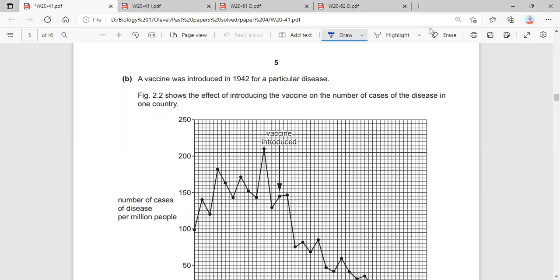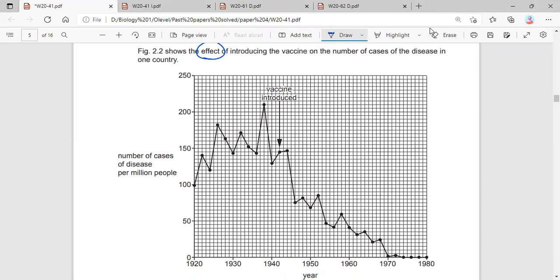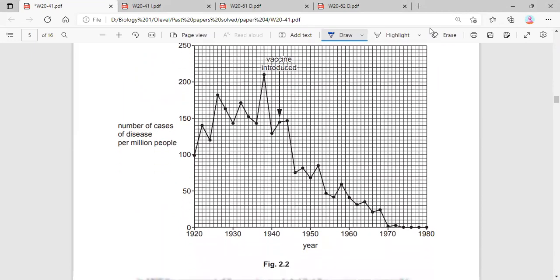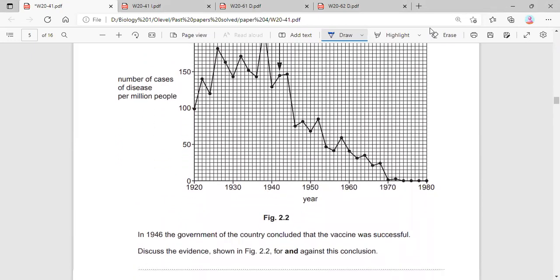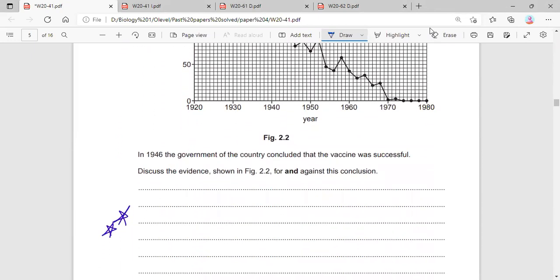Figure 2.2 shows the effect of introducing the vaccine on the number of cases of diseases. He gave me the graph. This is the number of cases and this is the years. The first question is one that came recently more than one time. In 1946, the government of the country concluded that the vaccine was successful.